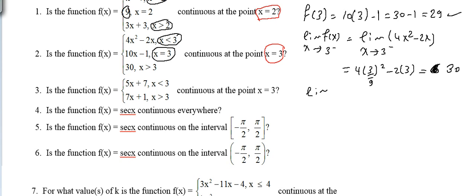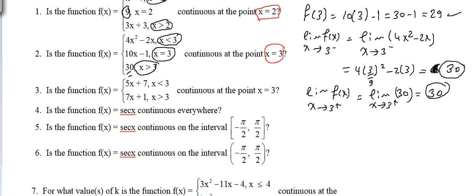The answer is 30. The limit of f of x where x approaches 3 plus means x greater than 3, and it is directly given as 30. The limit of 30 is 30, it's a constant number.